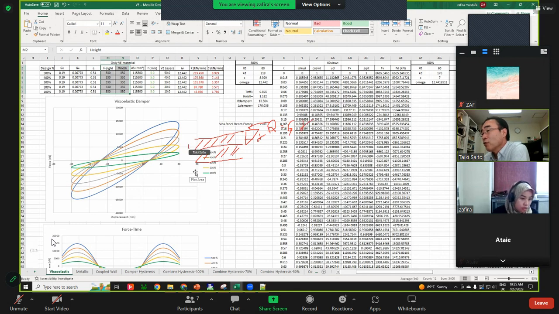So if you have 1, 2, 3 layers, I must write down the thickness. So it's G times gamma, multiplied by thickness. This is the deformation of one layer.